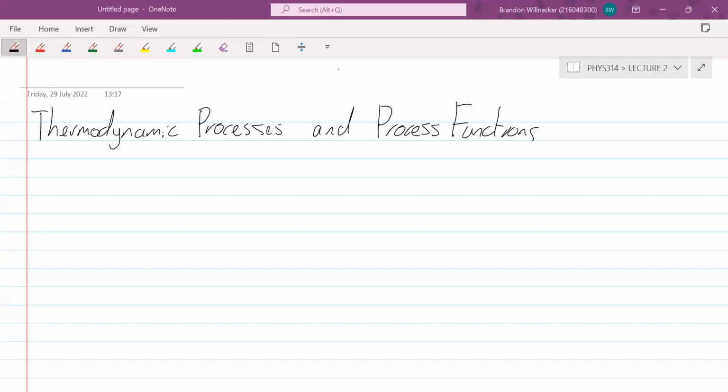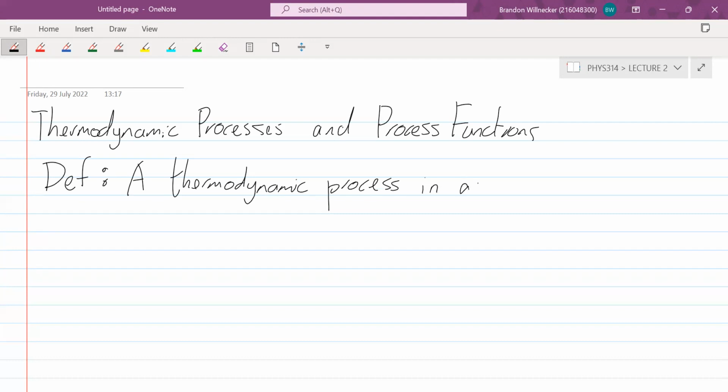Okay, so a thermodynamic process, or we can say definition: a thermodynamic process is a change in the state of a system.